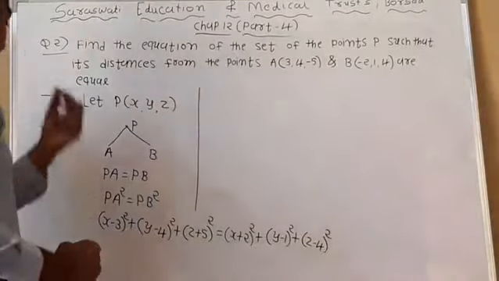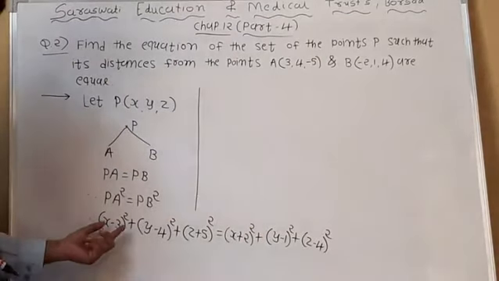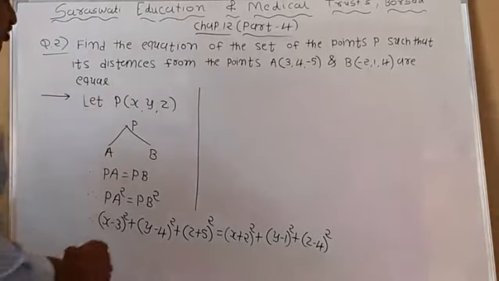Now let's simplify this term. For x minus 3 whole square, we use the identity (a minus b) whole square.